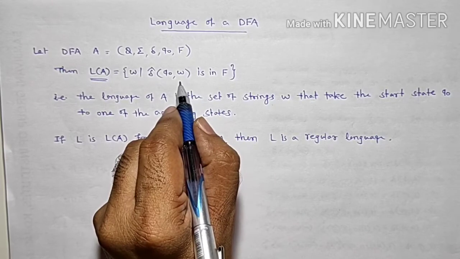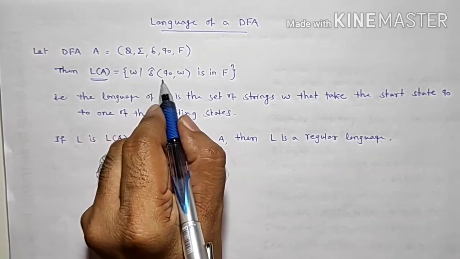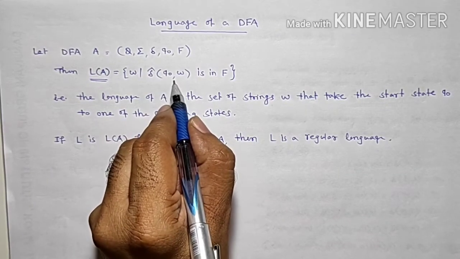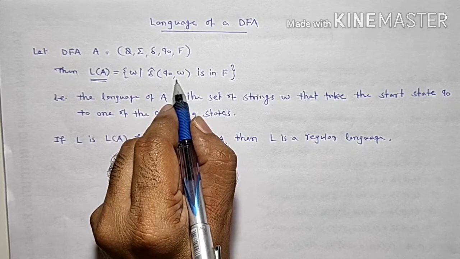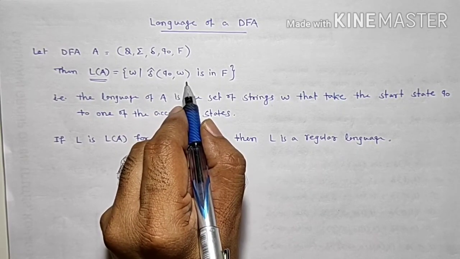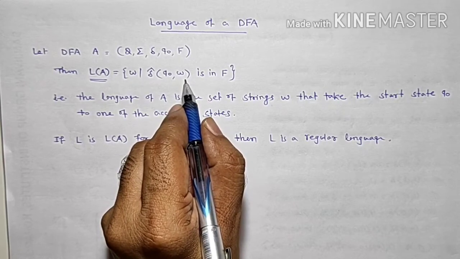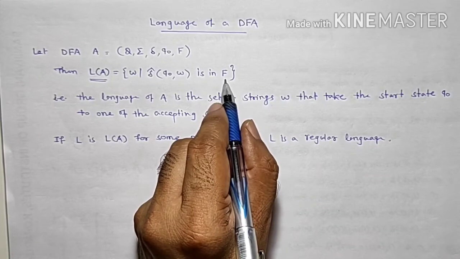That is, the language of a DFA is the set of all strings such that, starting from the initial state, whatever transitions are taken on the symbols of the string, it finally resides in a final state.